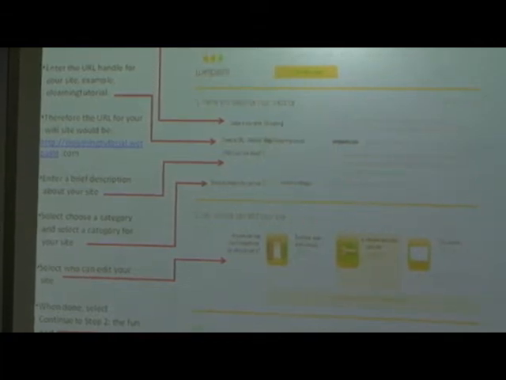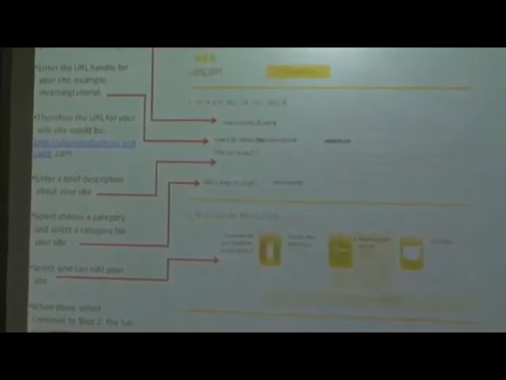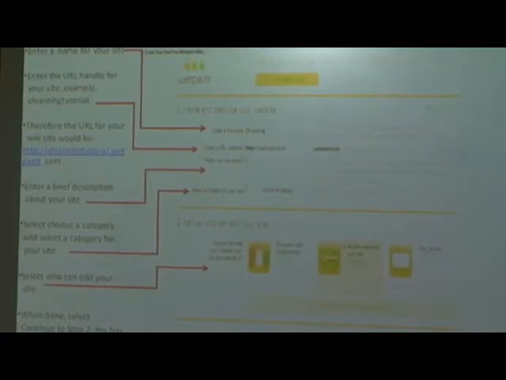The exercise requires you to create a class website, but in creating this class website, the name that we're going to use is a school's name. Please note that the school's name that you'll be using must be fictitious, meaning that it can't be an existing school. We do not have the permission to create a website for an existing school.